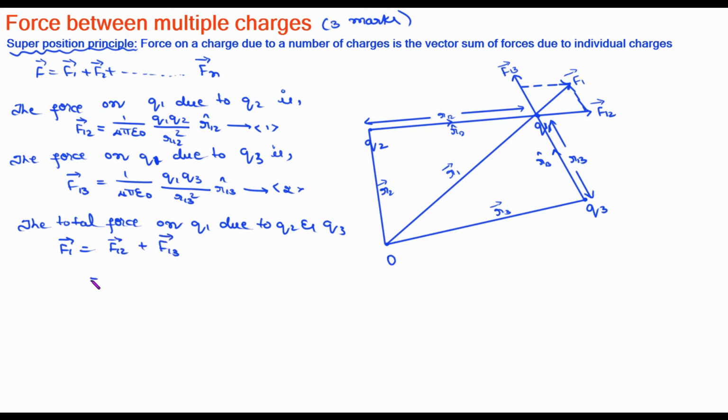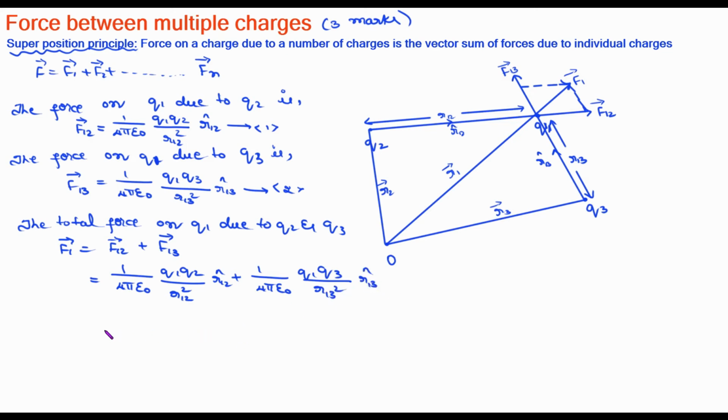So 1 divided by 4 pi epsilon naught Q1 Q2 divided by R12 square R12 cap plus 1 divided by 4 pi epsilon naught Q1 Q3 divided by R13 square R13 cap.